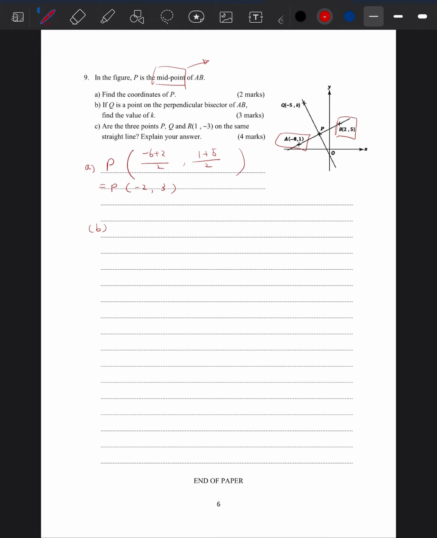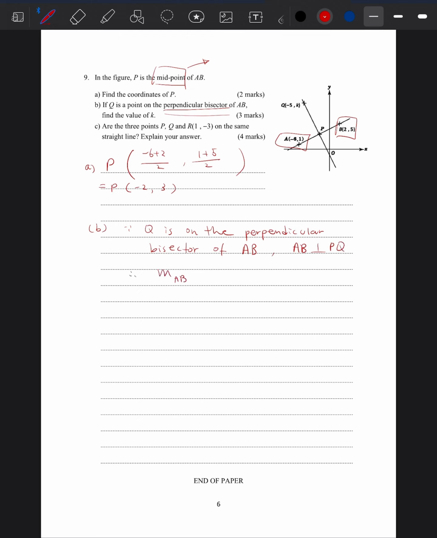And if Q is a point on the perpendicular bisector, it means that because Q is on the perpendicular bisector of AB, it's talking about this.